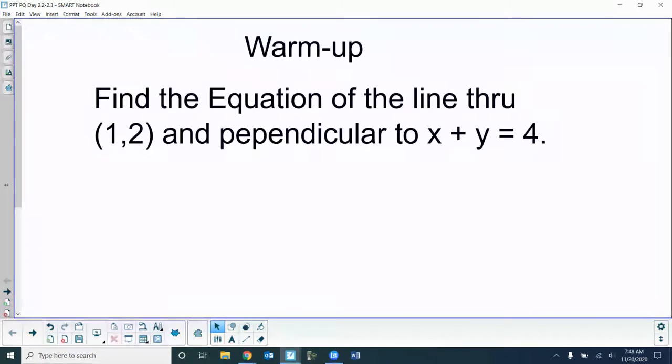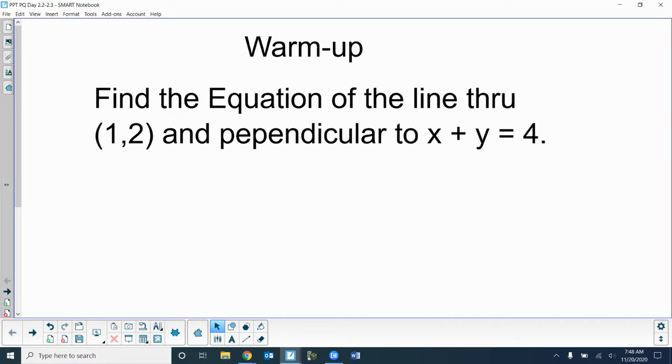So, what's the first thing I got to do in this problem? How am I going to figure out the equation of the line that goes through this point and is perpendicular to this line? Josh? Just subtract over the x.